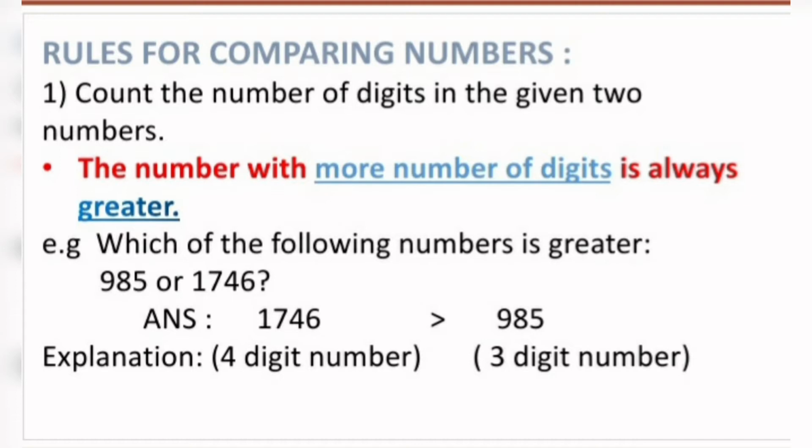So clearly, the more the digits, the greater the number. Fine. So 1746 is greater than 985, and you can see the broad side of the symbol is on the 1746 side.